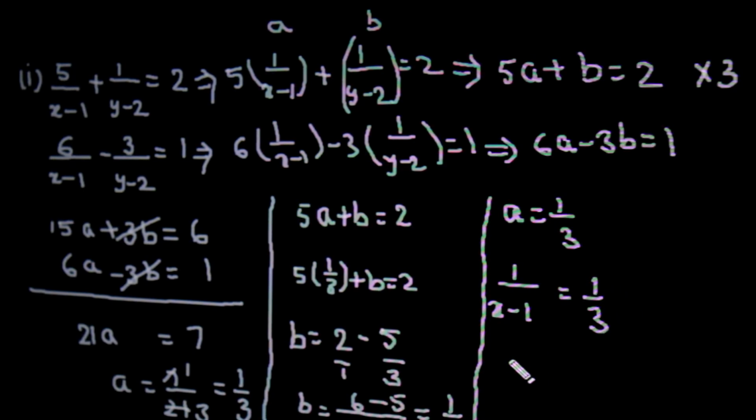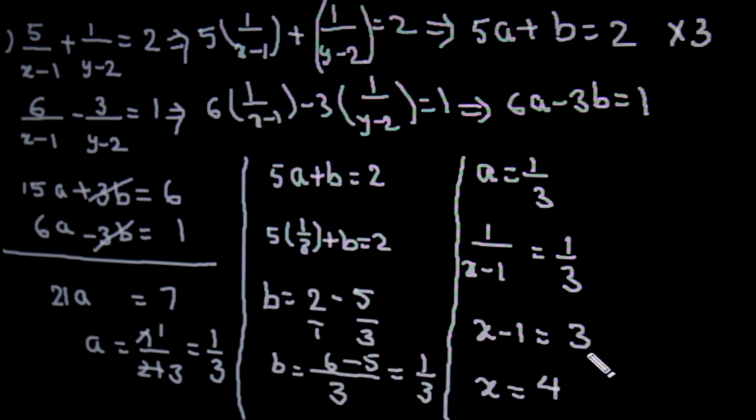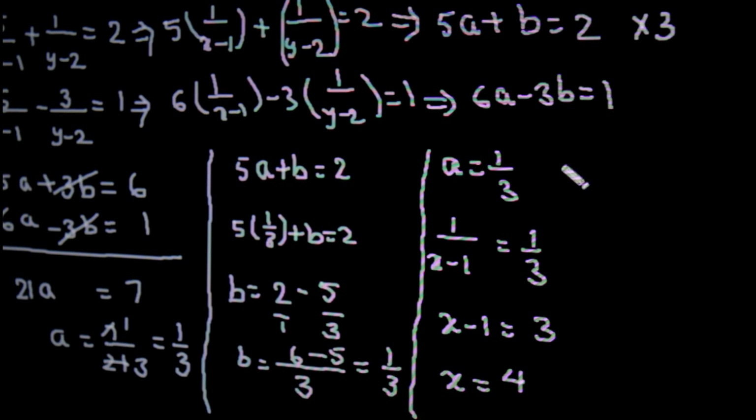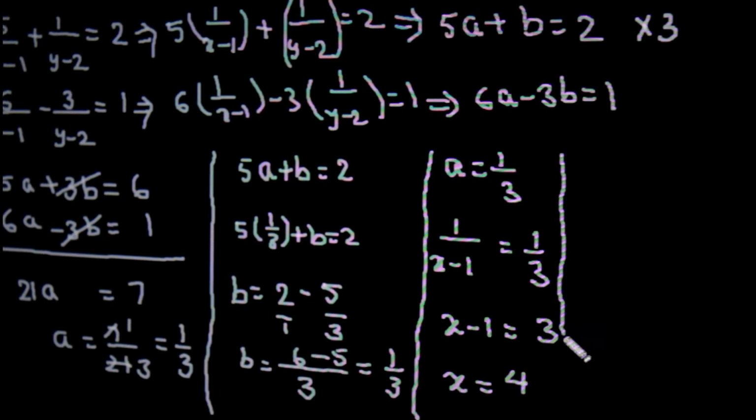You have to write the reciprocals of these two. x minus 1 is equal to 3, or you can cross multiply it. 3 ones 3, 1 into x minus 1 is x minus 1. x will be 3 plus 1, that is 4. Minus 1 becomes plus 1. 3 plus 1 is 4. Therefore, the value of x is 4.